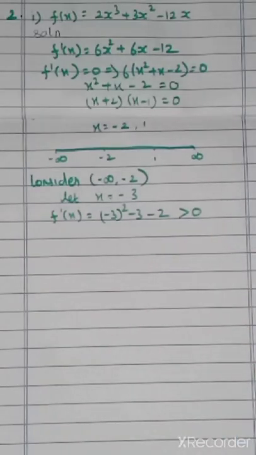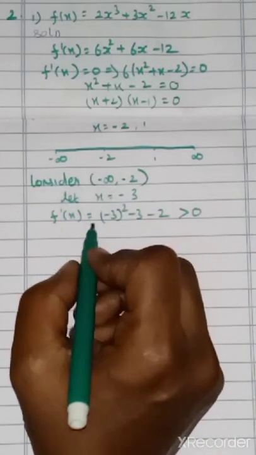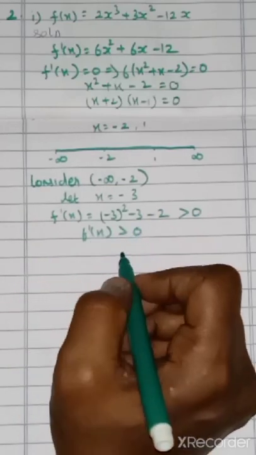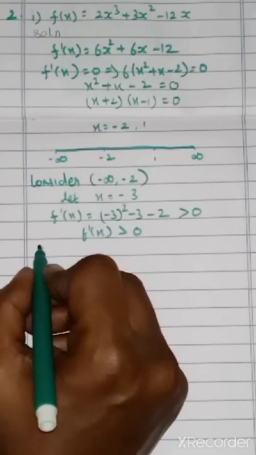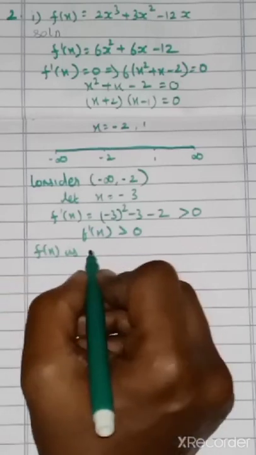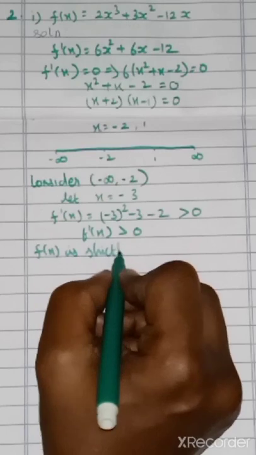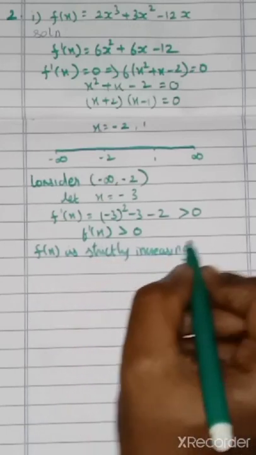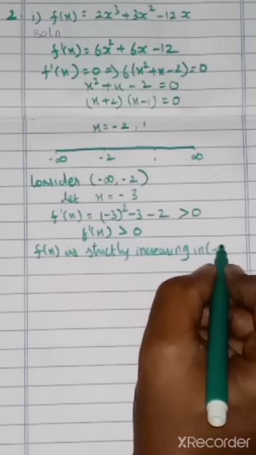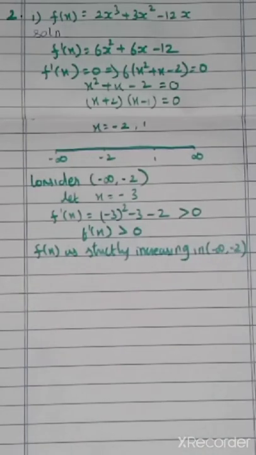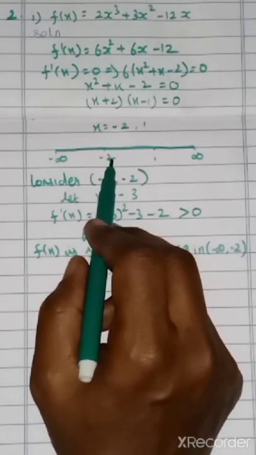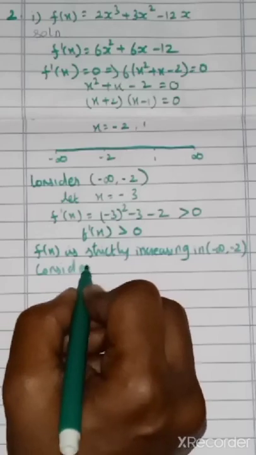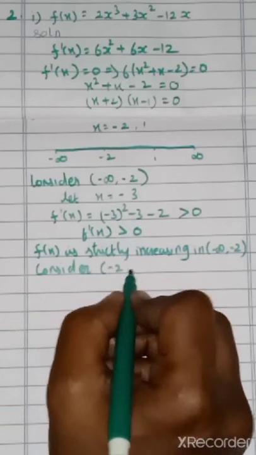We will get a positive number only. So f dash of x is greater than 0. So greater than 0 na, we can write that f of x is strictly increasing in minus infinity comma minus 2. Next, in the interval we can take minus 2 to 1. So consider minus 2 comma 1.